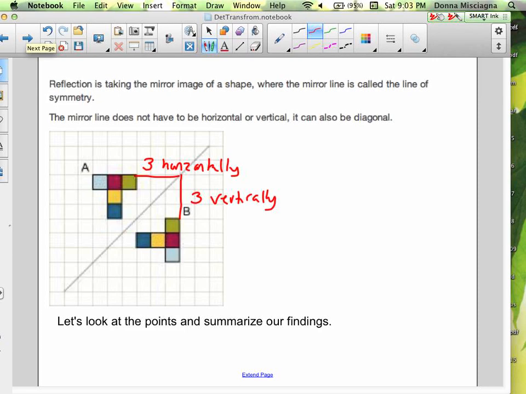So perhaps, since vertical is y and horizontal is x, the vertical and horizontal distances switch. Let's find out.